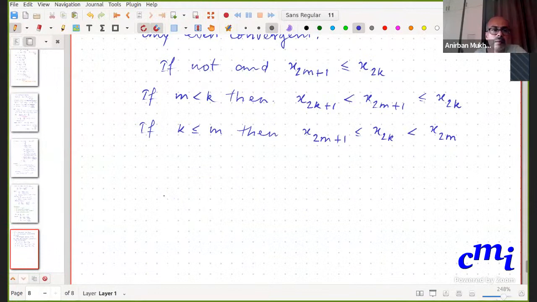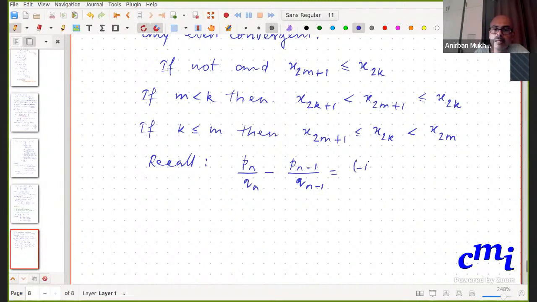Just recall this, that Pn by Qn minus Pn minus 1 by Qn minus 1 is minus 1 to the n minus 1 by Qn minus 1 Qn.